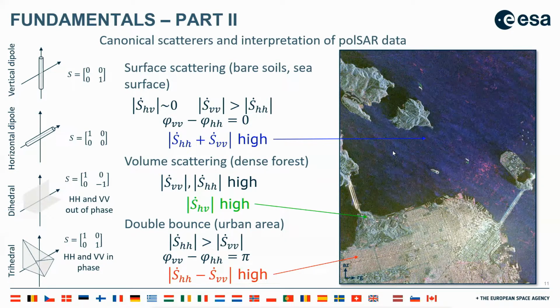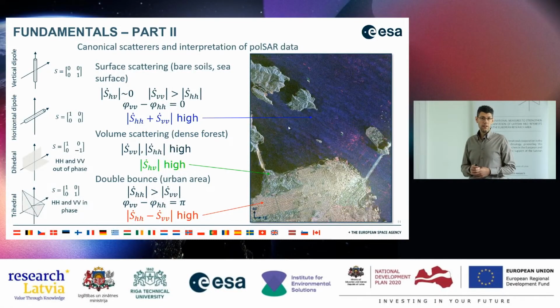And the phase difference between VV and HH is almost 0, which means that if you take the absolute value of the sum of HH and VV, you have a high value. And on the right-hand side, you see a SAR image showing, for example, over the ocean, that HH plus VV is dominant among the other components.